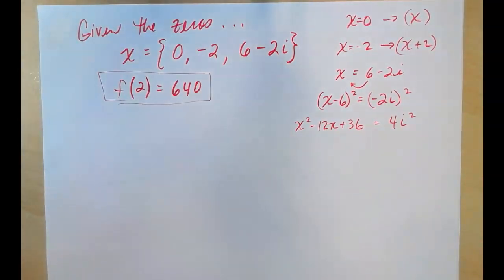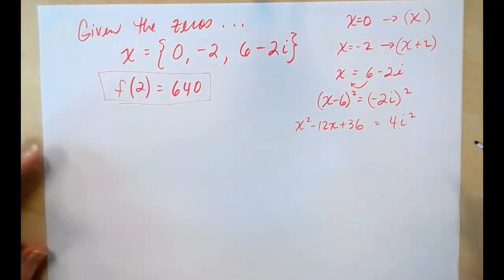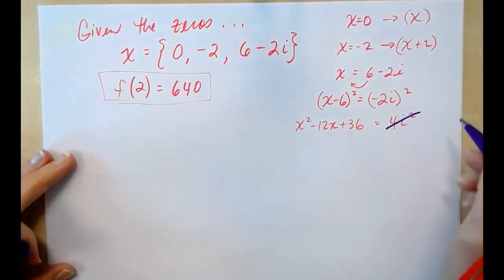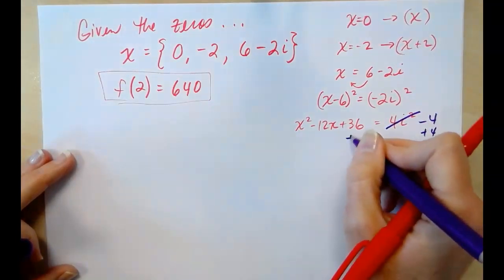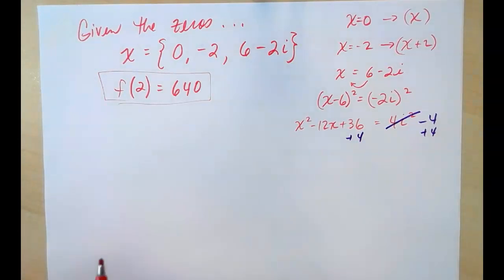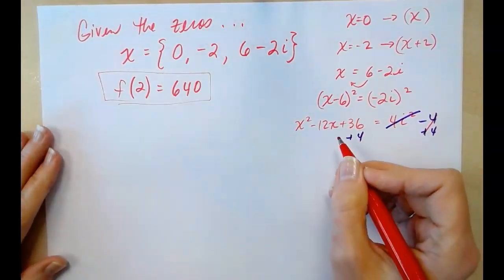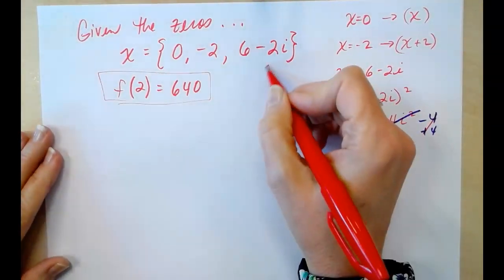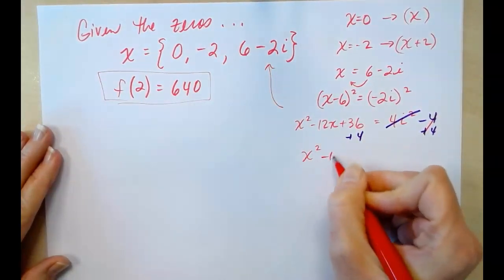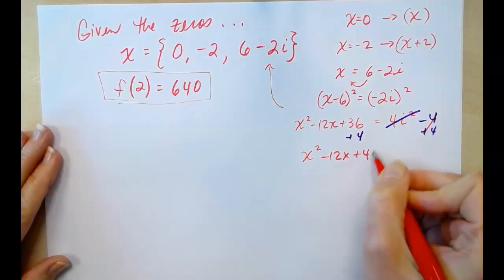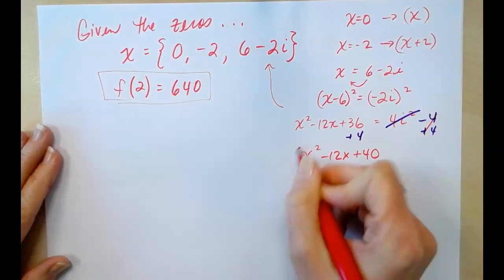Now, of course, i squared equals -1, so 4i squared simply becomes -4. So when I add that 4 from the right back over to the left, I get my factor that yields that root, and that factor is x squared minus 12x plus 40.